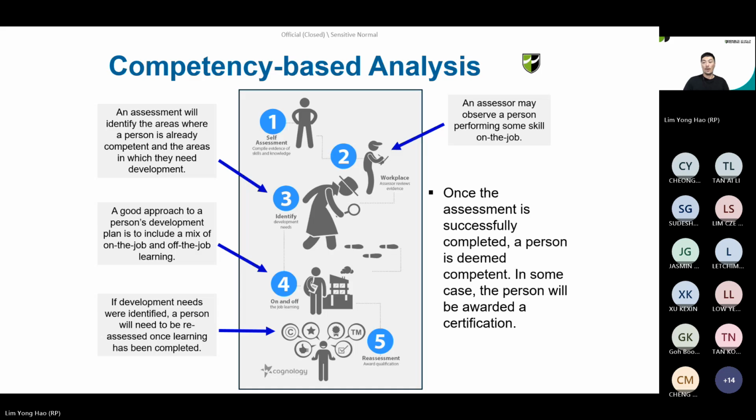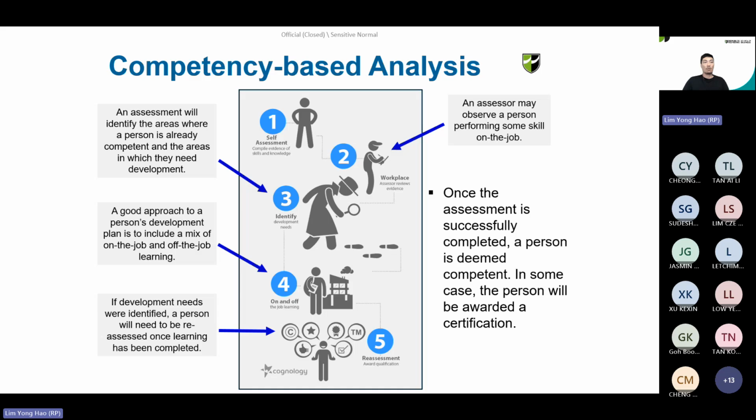And many of these competency-based assessments, after the competency framework is determined through this analysis, may have to be conducted every few years, right? So it's not once off, I can do it, because it's a demonstration of your skill.